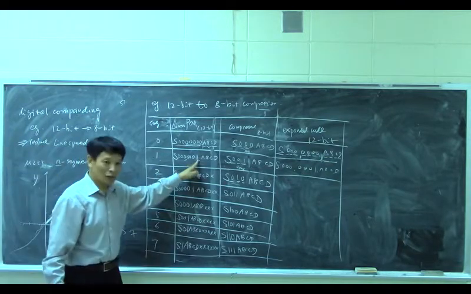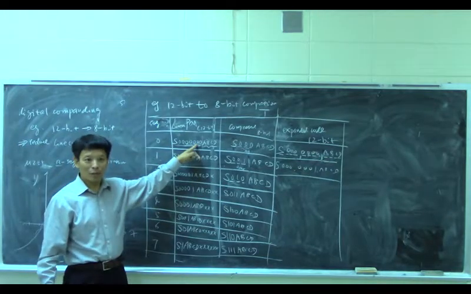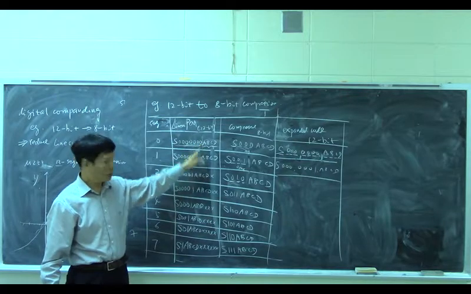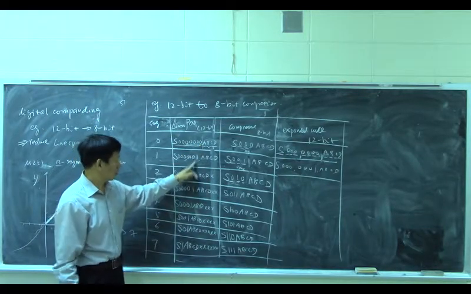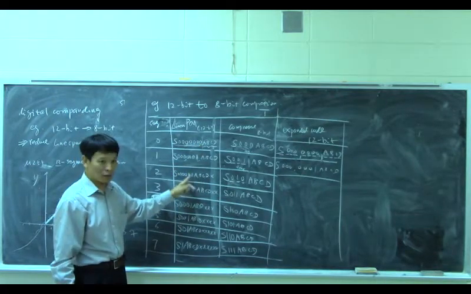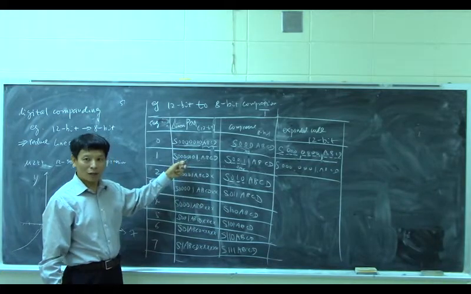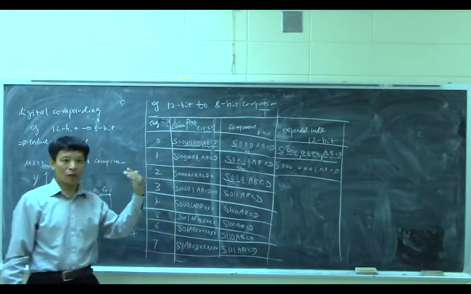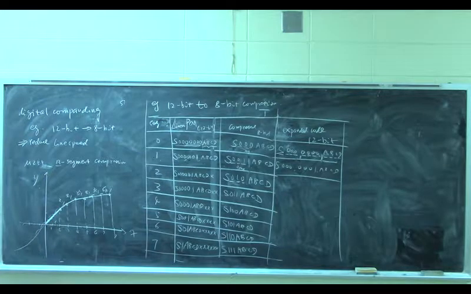Because this bit is 1, this number is larger than the one where it is 0. This one is twice as large, because it's shifted to the left by 1 digit. Any questions on this?